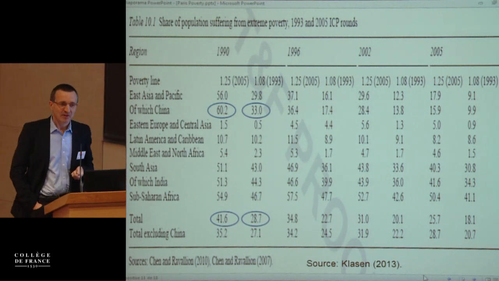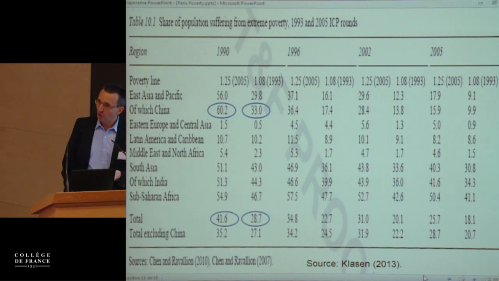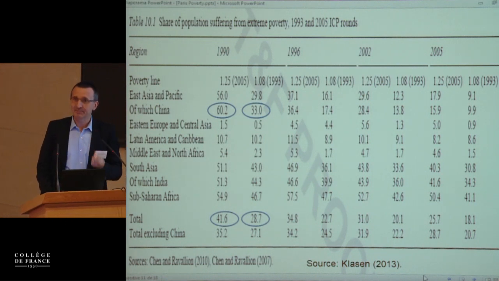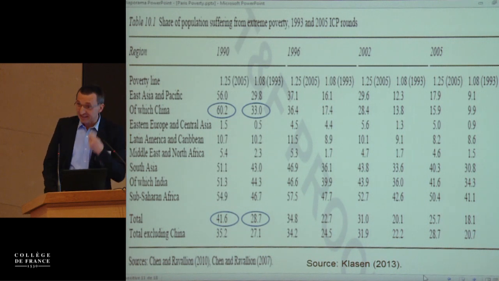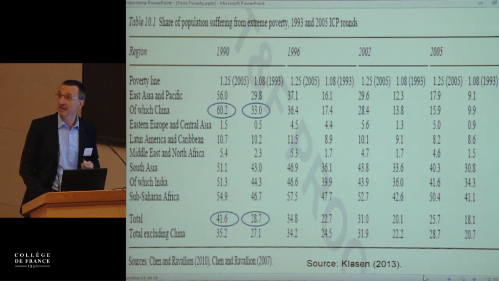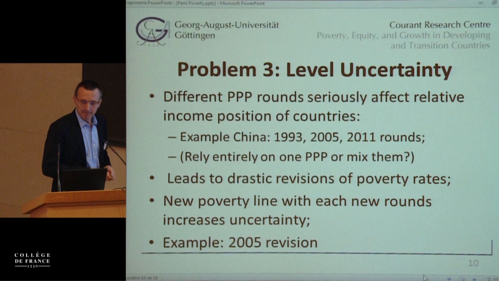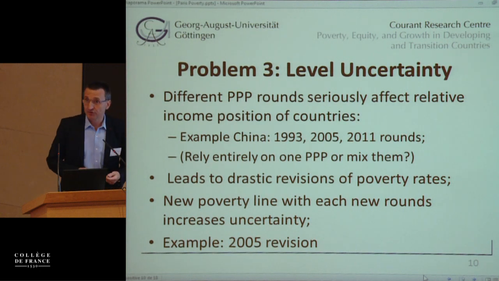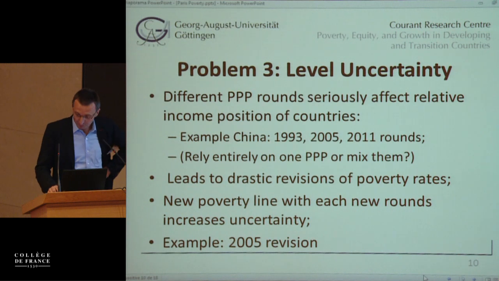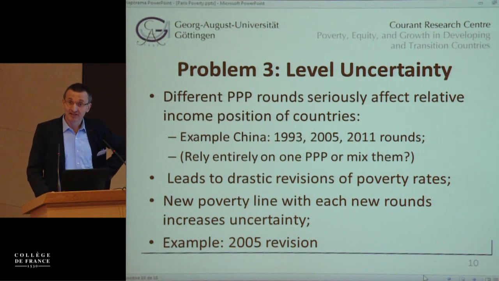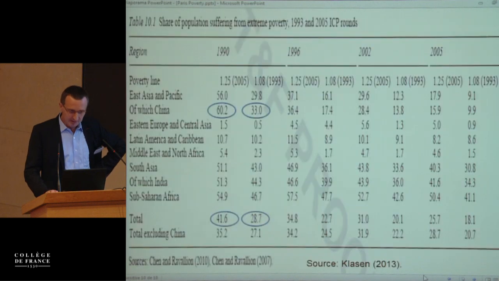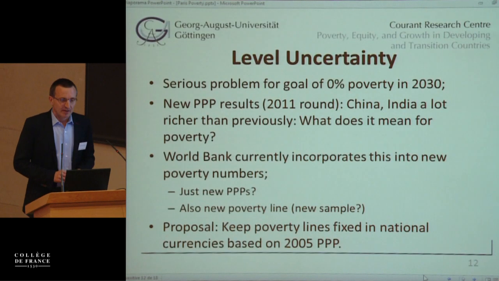If we now say we want to get to zero, we better know what the level is, because we can't spend our time every couple of years doing a new PPP round and saying, oh, the level is actually 10 percentage points higher or lower than we thought last time, because that's really going to affect how we are actually going to be able to get to zero or not. So basically, if we want to adopt the goal of getting to zero in world poverty, we better be sure about this level uncertainty. And let me make some suggestions.